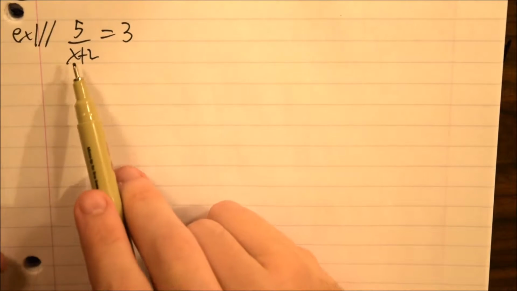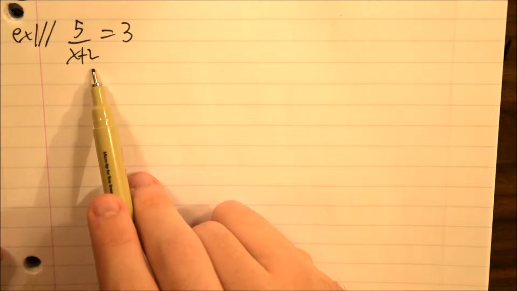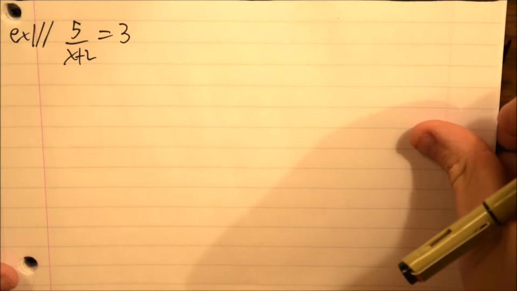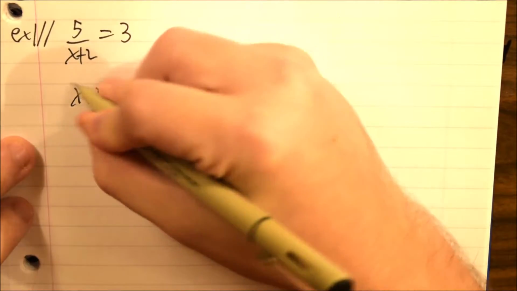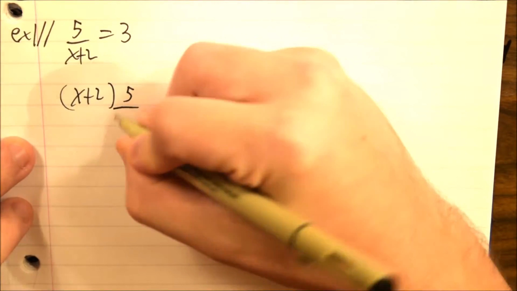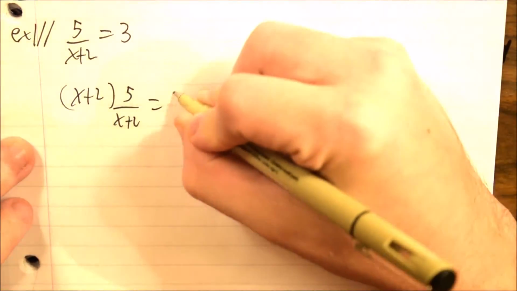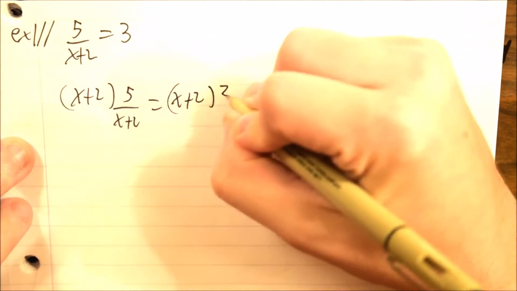So I can see that I have an x plus 2 in the bottom here, so this is a rational equation. Now what I want to do is first multiply both sides by x plus 2, like so.